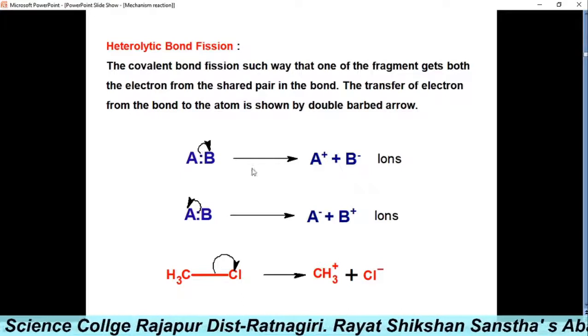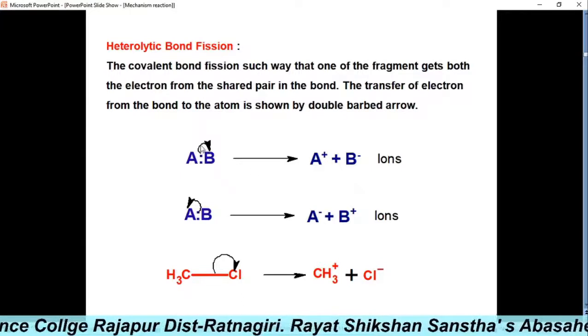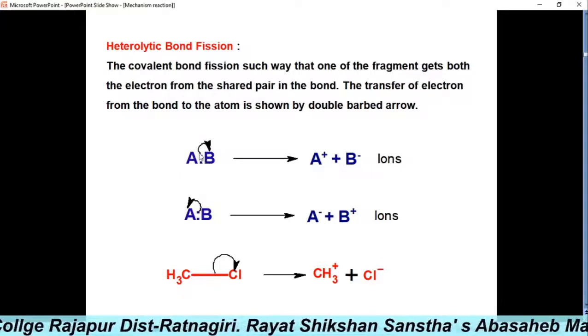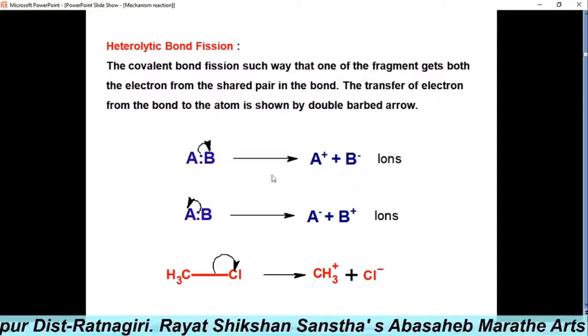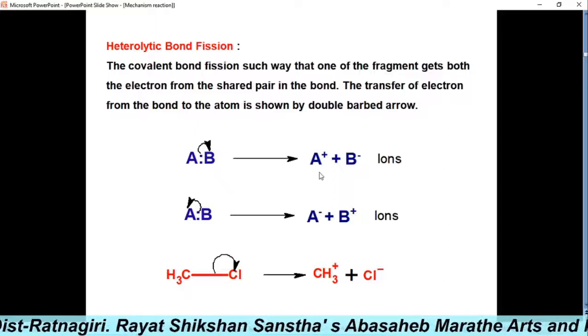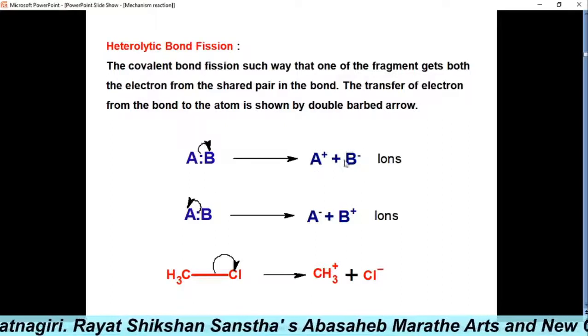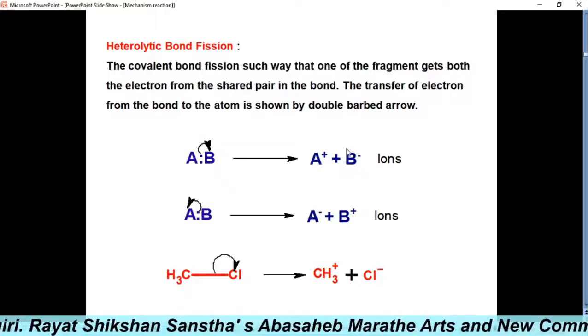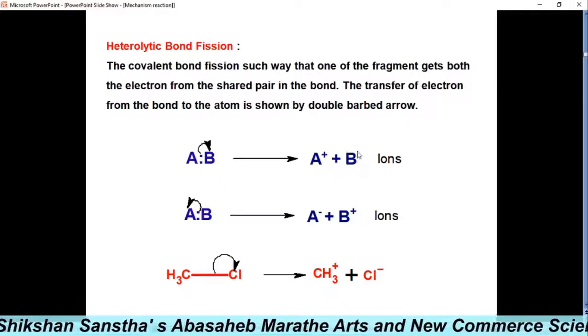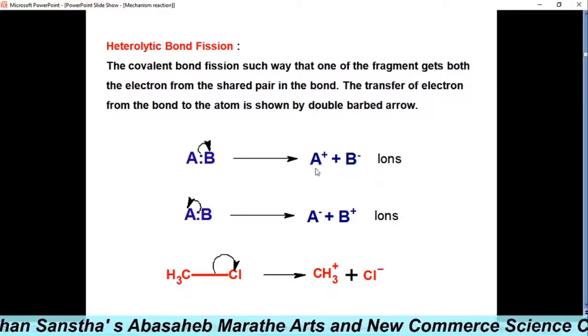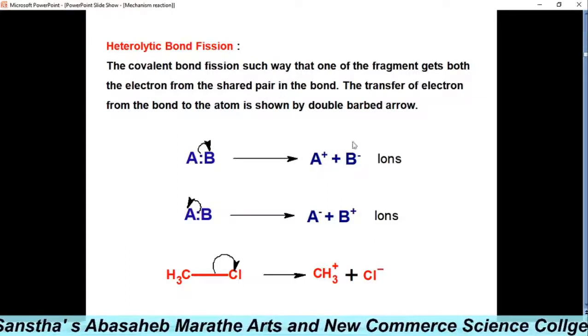So the bond breaks away from capital A. Capital A carries a positive charge and capital B carries a negative charge. Therefore, we get A plus and B minus, two different types of ions.